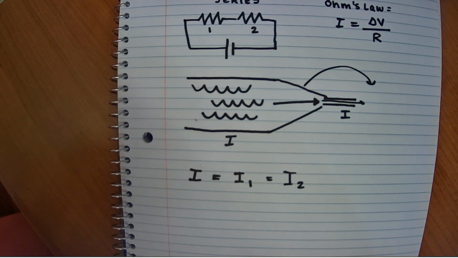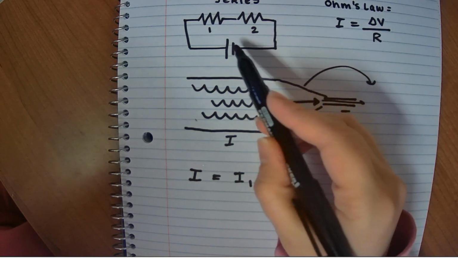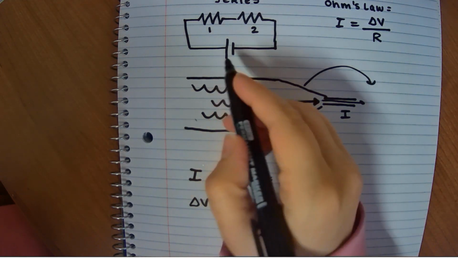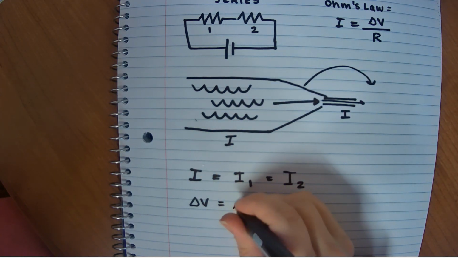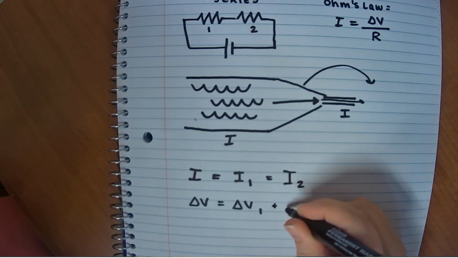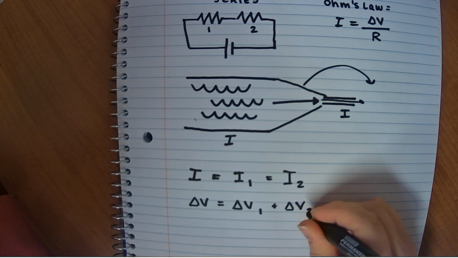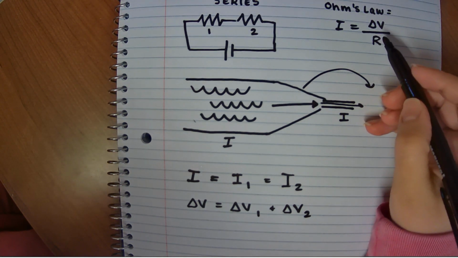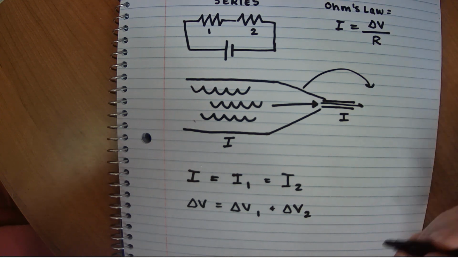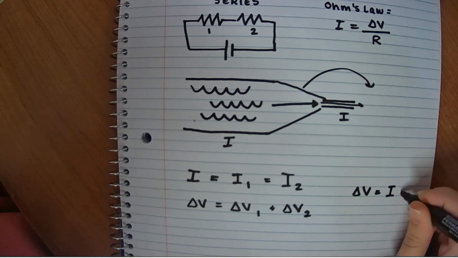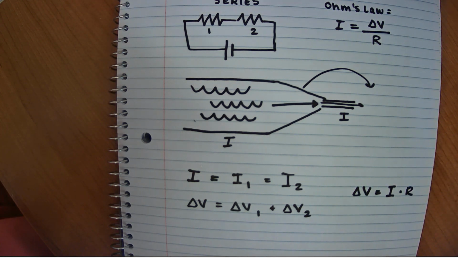And we also know that the potential difference is going to be different. We know that the potential difference across the series, across the battery, is going to be the potential difference across the first resistor plus the potential difference across the second resistor. And then we know with Ohm's law stated up here that voltage, or potential difference, is equal to current times resistance.